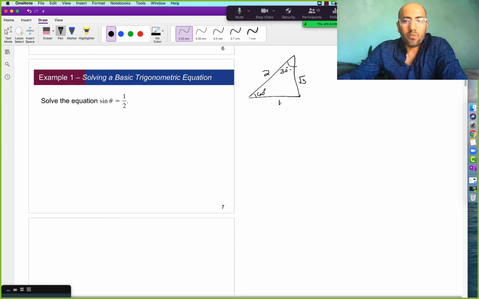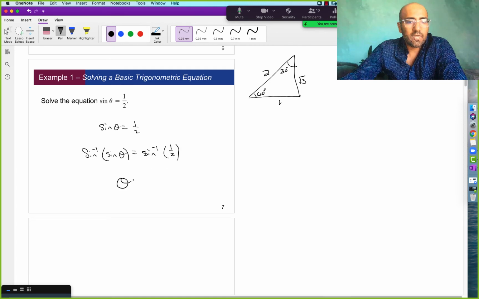Sine of an angle equals 1/2, so that's got to be 30 degrees. So we have sine of theta equals 1/2. I'm going to apply the sine inverse function: theta equals sine inverse of 1/2.